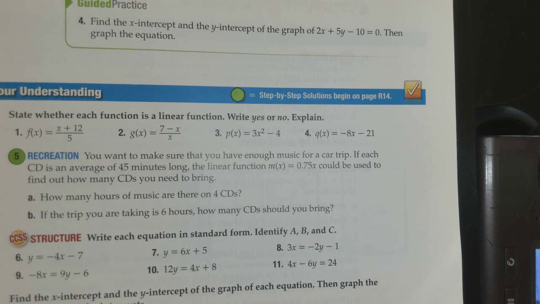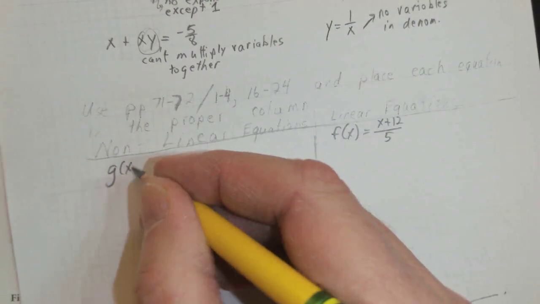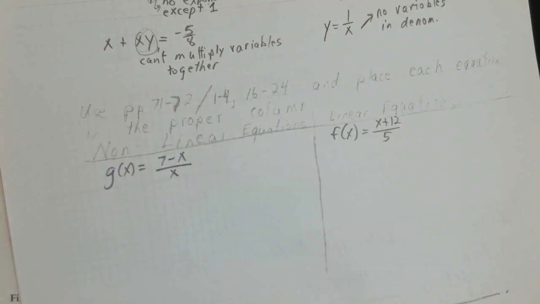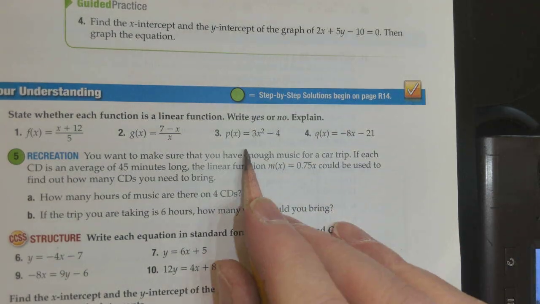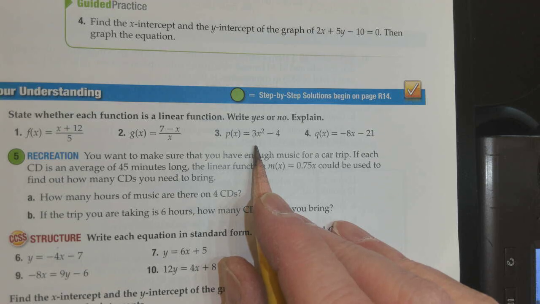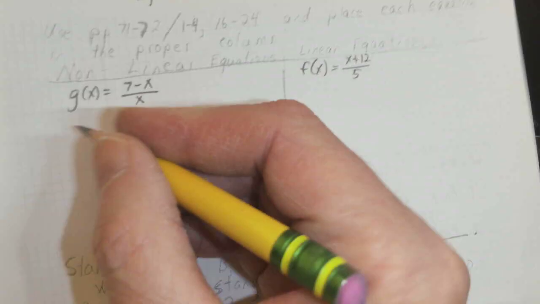Number 2, g of x equals 7 minus x over x. Mark? Let's put that one in the nonlinear. Good. Why'd you decide to do that, Mark? x is in the denominator, right. Number 3, p of x equals 3x squared minus 4. Kellen? That is nonlinear.